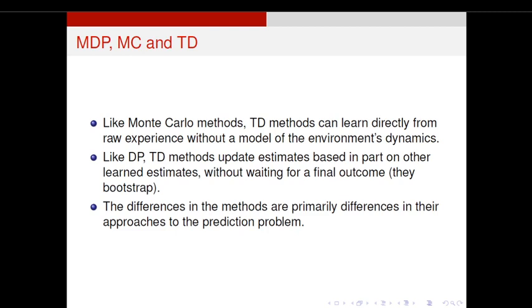Now we observe how the dynamic programming, Monte Carlo approach and temporal difference approach unify our learning theory. There is something common, but definitely there is something different. We try to address the differences and also find the common things, mathematically the intersection part. Like Monte Carlo methods, TD methods can learn directly from raw experience without a model of the environment's dynamics.